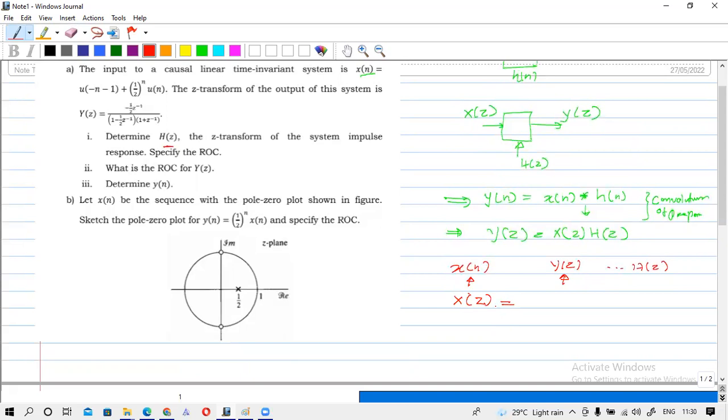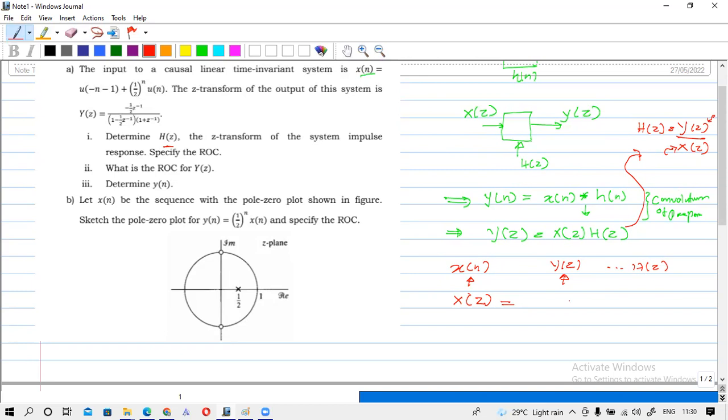I think you can understand why we need to find X(z): because we are given Y(z) and we are asked to find H(z). Using the convolution property, H(z) is equal to Y(z) by X(z). You already have Y(z), and if you find X(z), then you can find H(z).